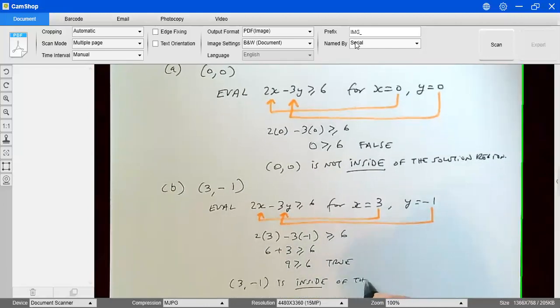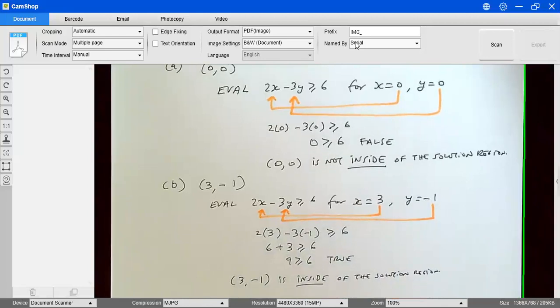So it's a solution of the inequality, one of the infinite solutions of this inequality.